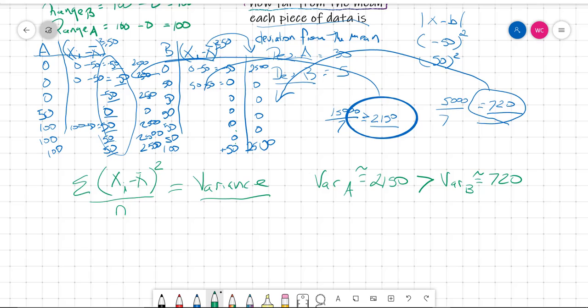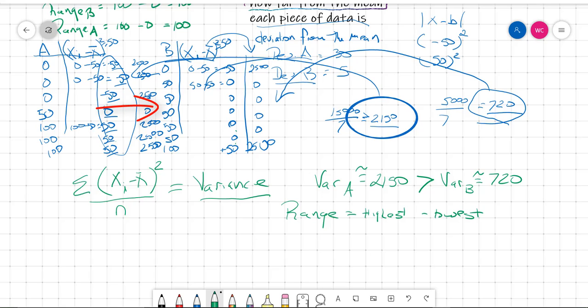Now this is a lot more work than calculating the range, which was just the highest minus the lowest. But the range didn't really work for the difference between A and B, because the range for A, if you take the highest and the lowest, you get 100 minus 0, and here you also get 100 minus 0.